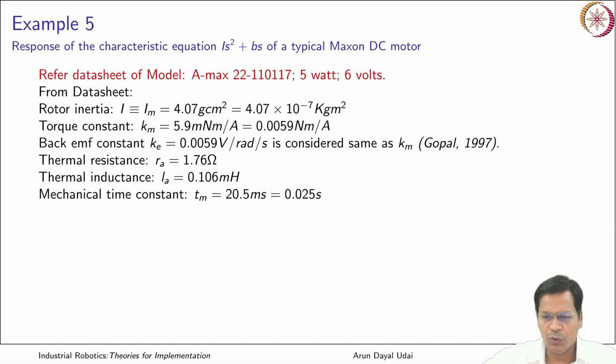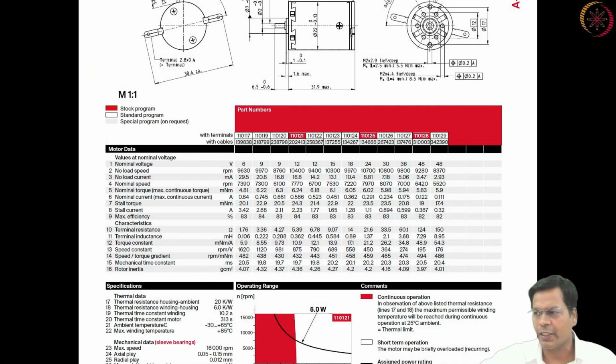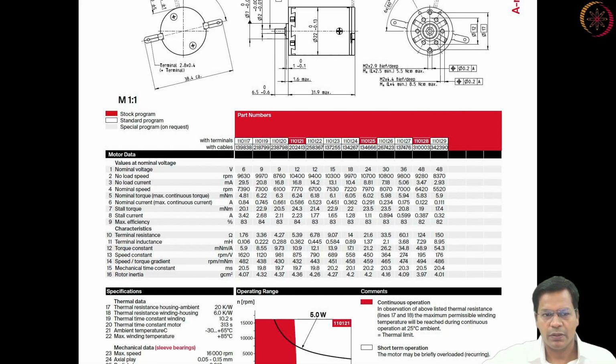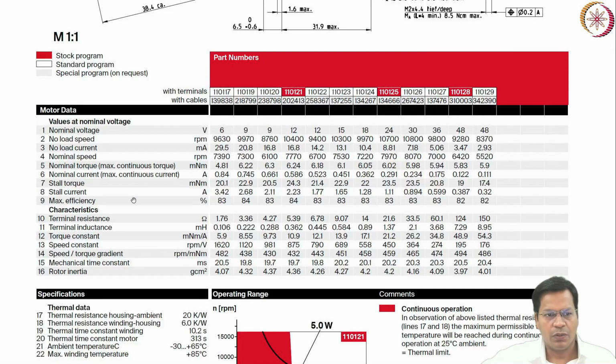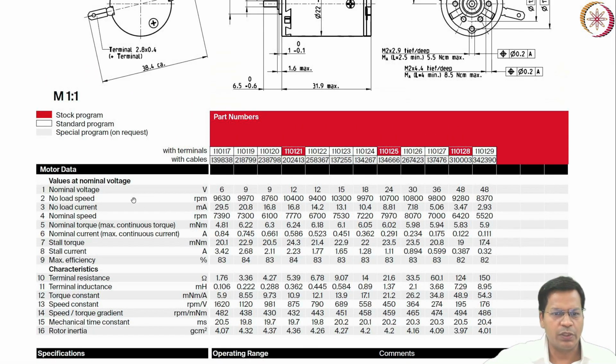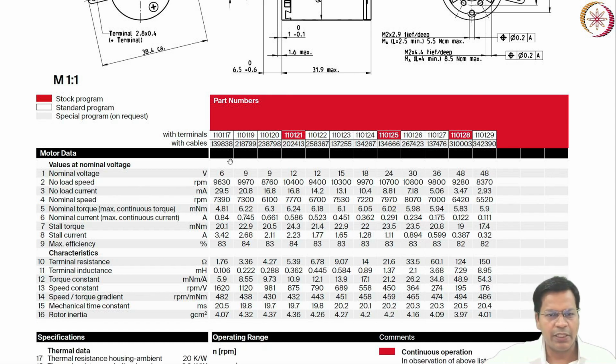Let me just show you that data sheet first. This is the data sheet that I am using now. You see there are many motors here. The parameters that we have just discussed are mentioned against the different motors. I'll be talking about the motor 110117.